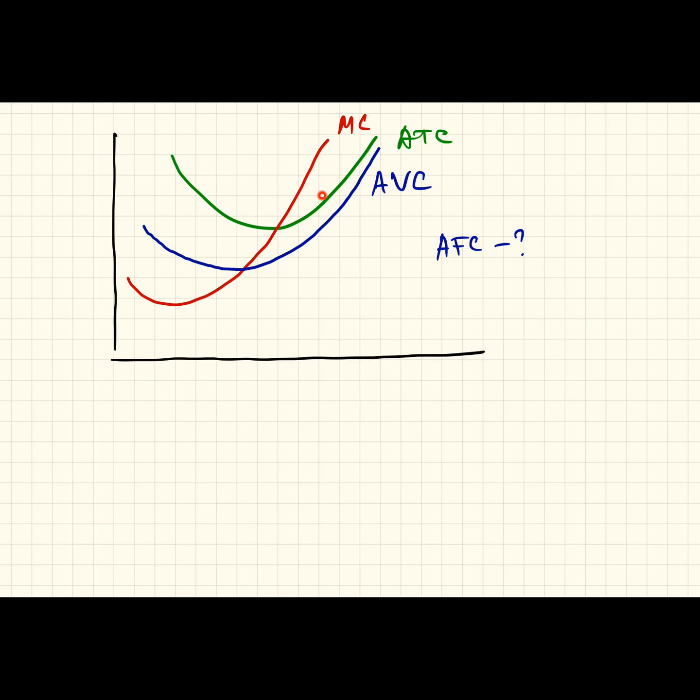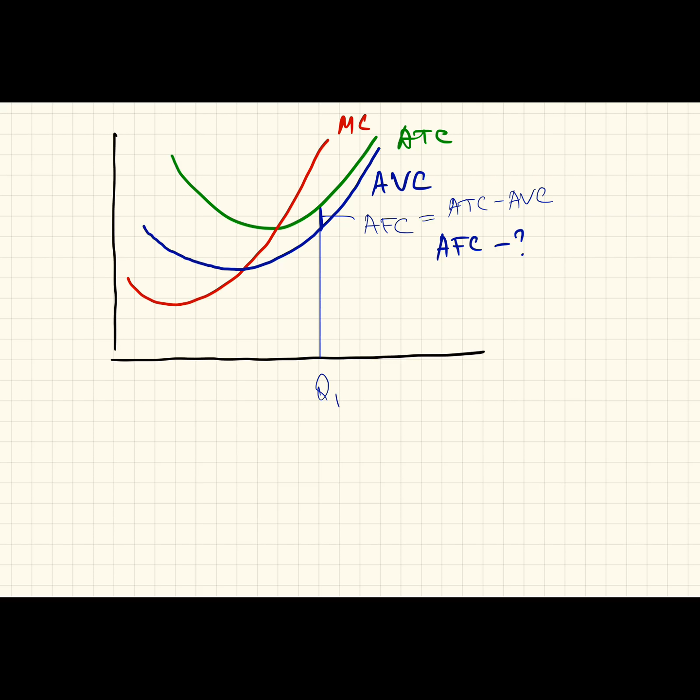But you have to be careful making sure that you set your Q, because depending on where your Q is, you will get the distance between these two curves. So at this Q, for example, let's say Q1, this is your AFC. Again, it's just ATC minus AVC. That's how you get it.